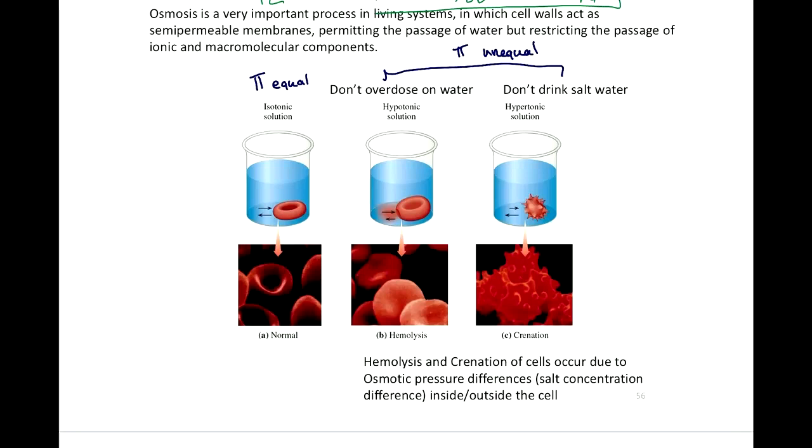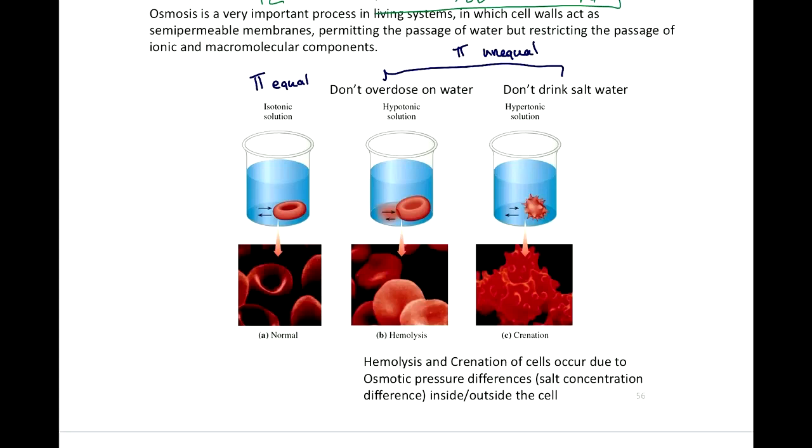If that happens, that's really bad. Okay? When you go to the hospital and they hook you up to an IV, what is in that IV bag? Salt. What would happen if they put just plain old water in there? You'd probably die. Okay? This is why, because of the osmotic pressure differences, all right?